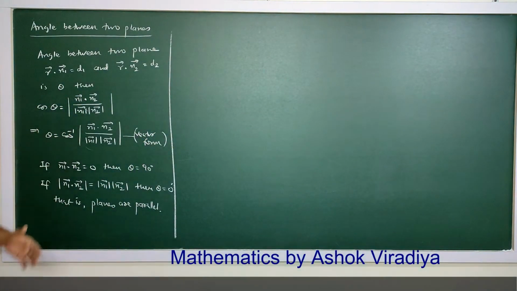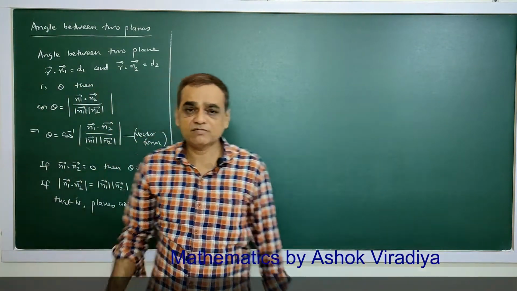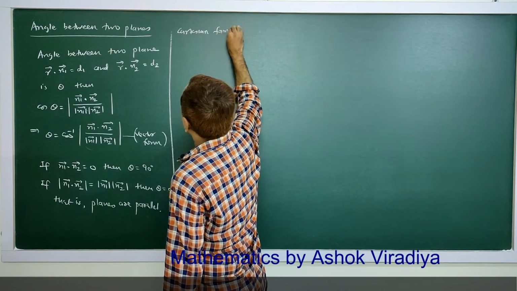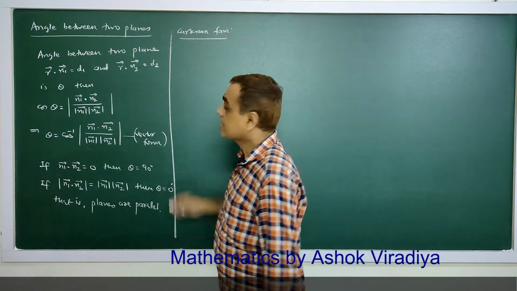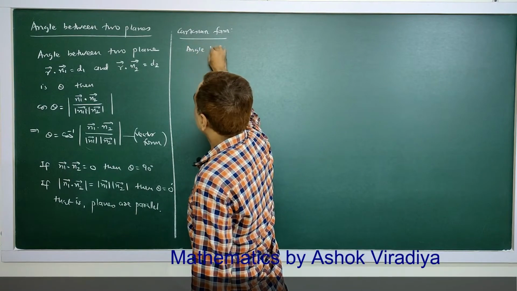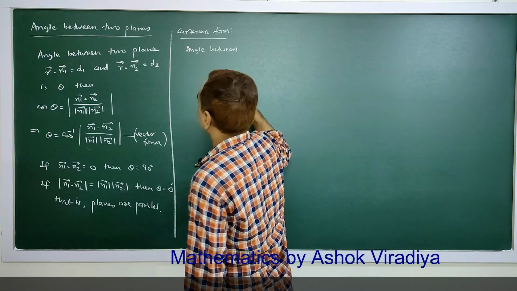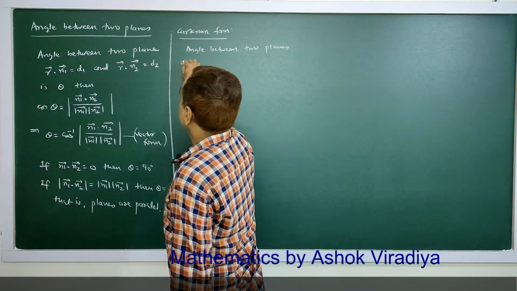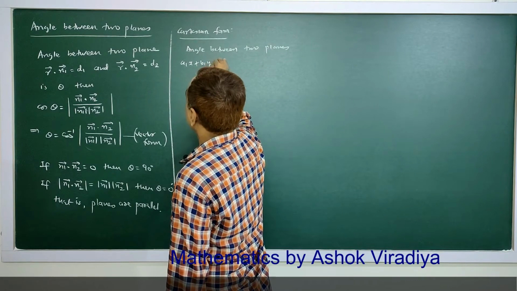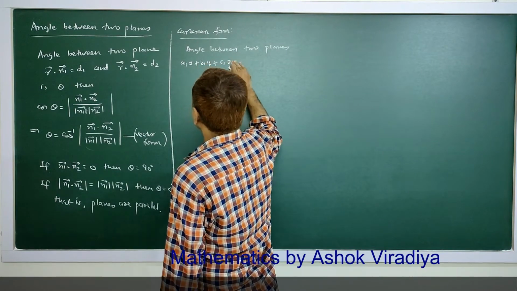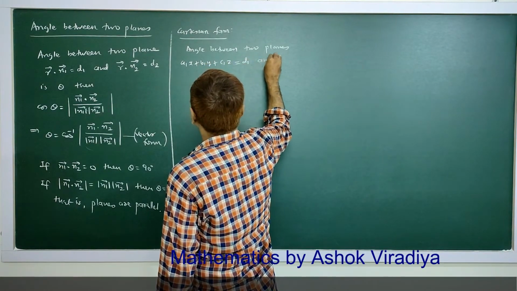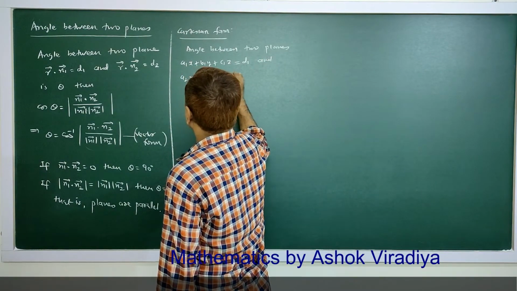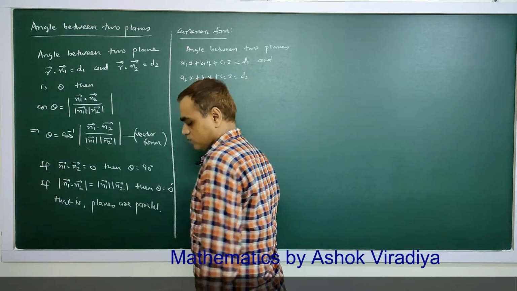Now to convert this result into Cartesian form: angle between two planes a1x plus b1y plus c1z equal to d1 and a2x plus b2y plus c2z equal to d2.